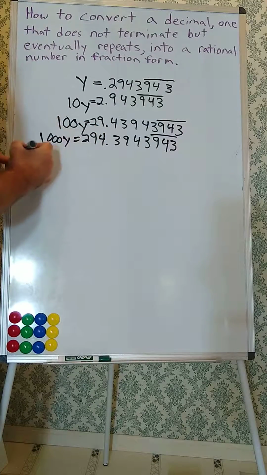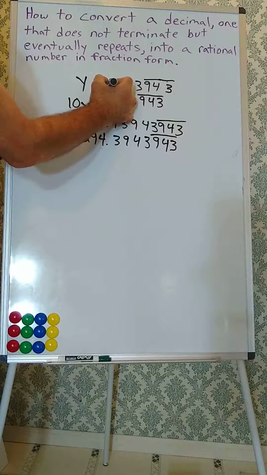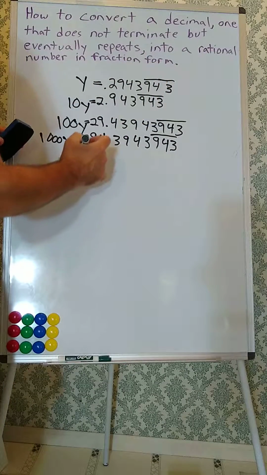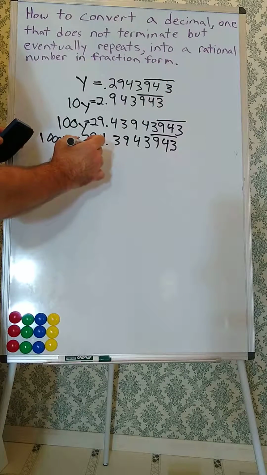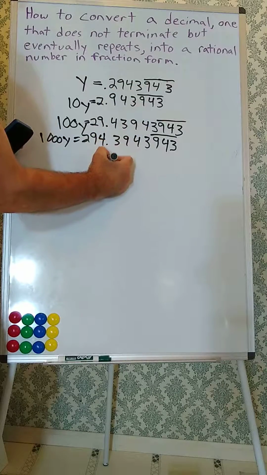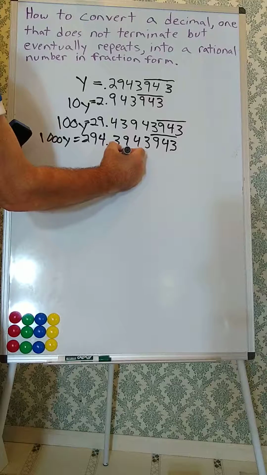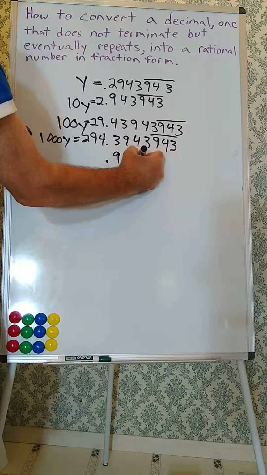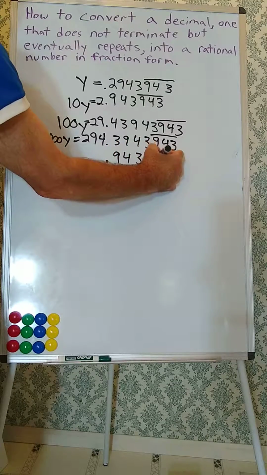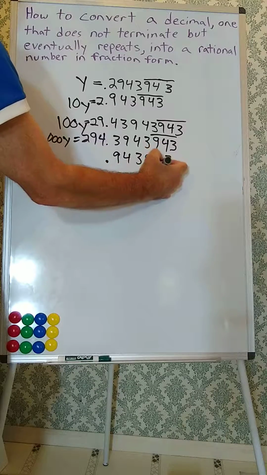And then we're also going to look at 10,000y. So that'll move the decimal 4 places to the right. And let's see, so 9 will be in the tenths place. So we'll have 9, 4, 3, 9, 4, 3.